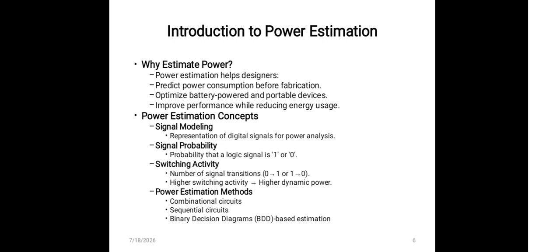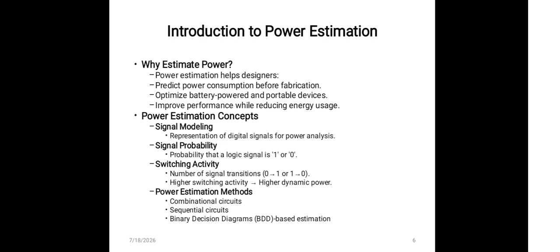The second concept is signal probability. Signal probability represents the likelihood of a digital signal being at logic 1 or at logic 0. This information helps estimate the switching activity, which is a continuation of signal probability. Switching activity is when a signal changes from 0 to 1 and 1 to 0, it consumes dynamic power.